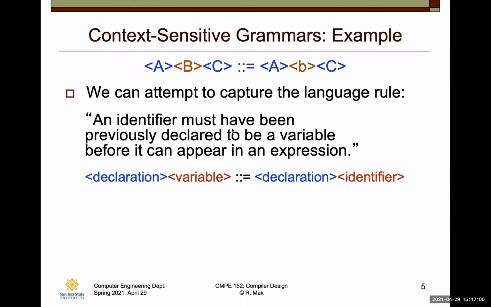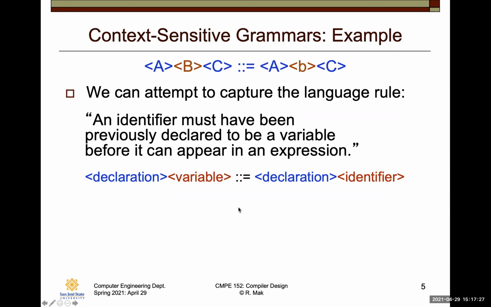For example, if A is the variable declaration and B is an identifier, you can say that B is really a variable only in the context that you have previously seen the variable declaration.